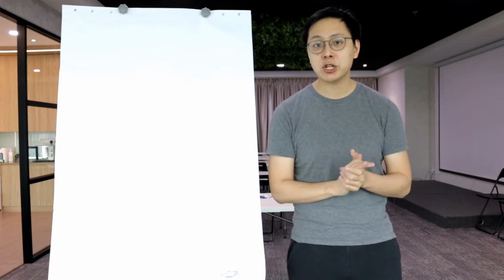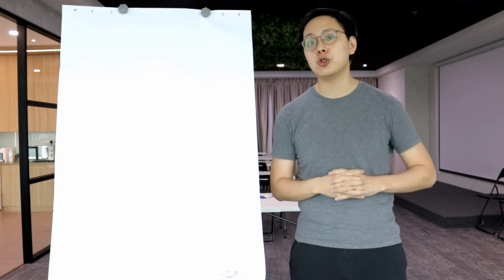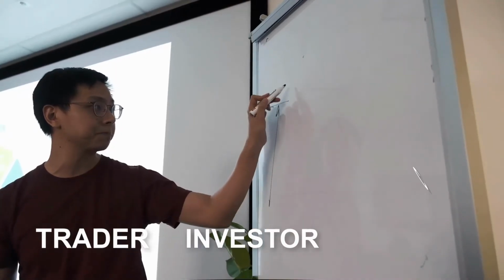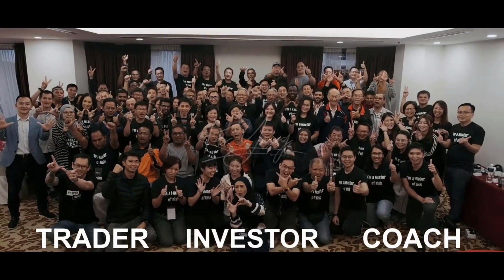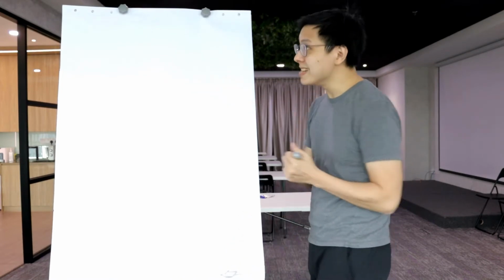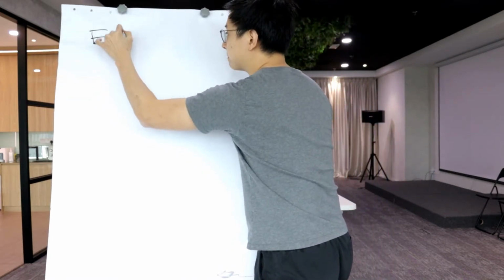Then in the second portion, we're going to share with you how to use this particular tool, this Fibonacci expansion, and in the last part of this video we're going to talk about the strategy component, how you incorporate that into your trading. So let's get started with what is Fibonacci expansion.